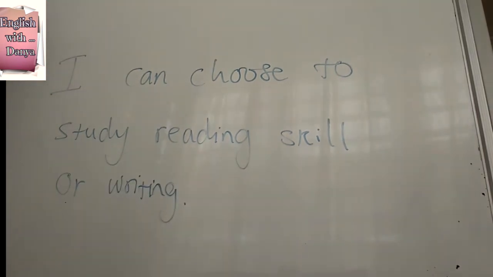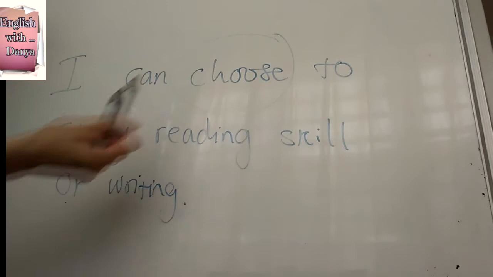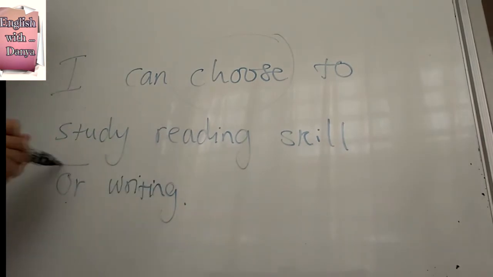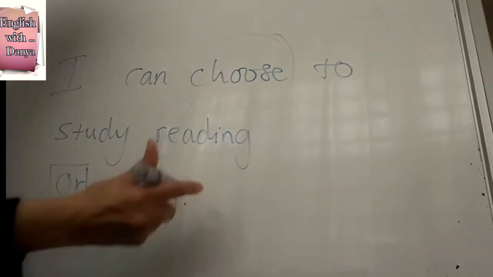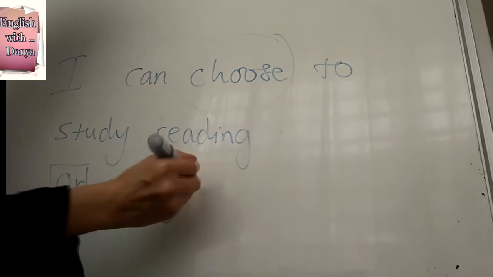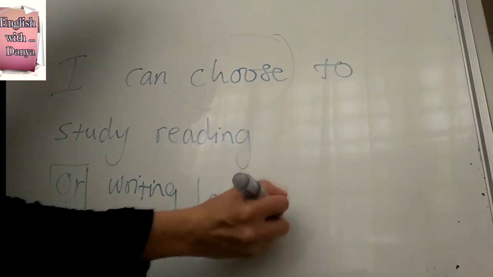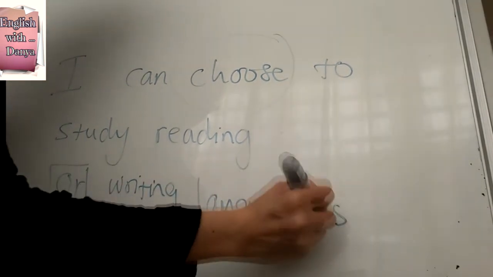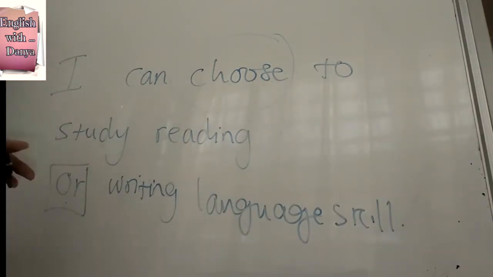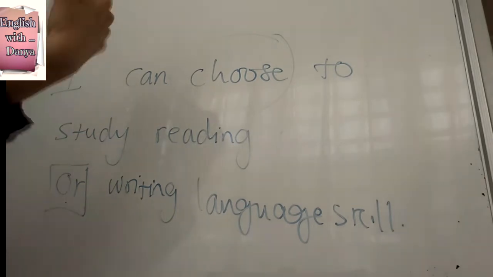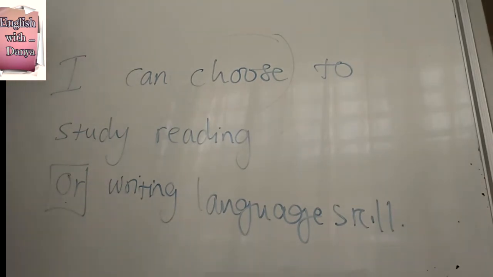So do you see it here? Here we are talking about things that we can choose from. So I can choose to study reading or writing, or in this case reading or writing language skill. So meaning that we use or if you can choose between things, right?